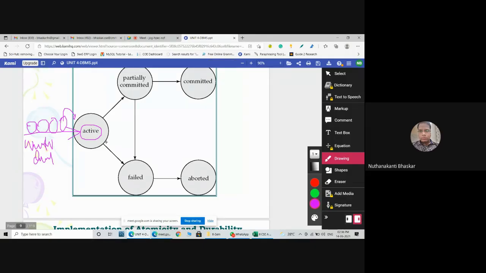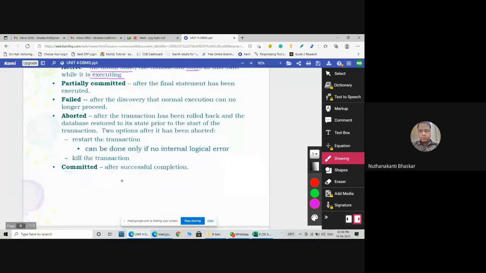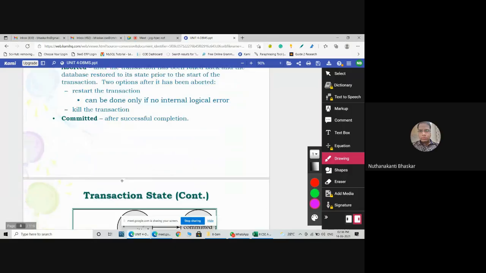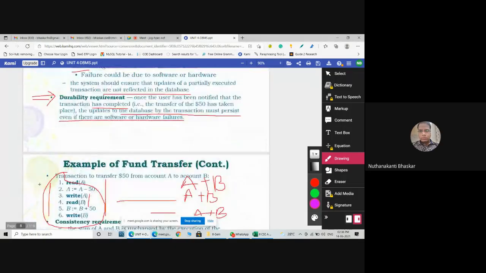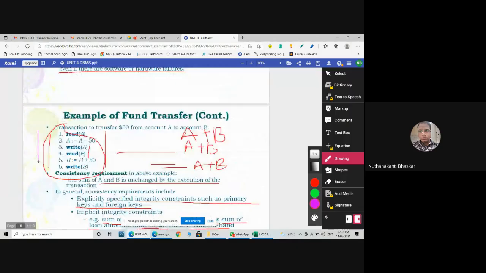Before learning partially committed and failed, I will tell you what is commit and what is abort. Commit means the transaction executed successfully, meaning all operations executed successfully. For example, you enter your ATM card and PIN number.